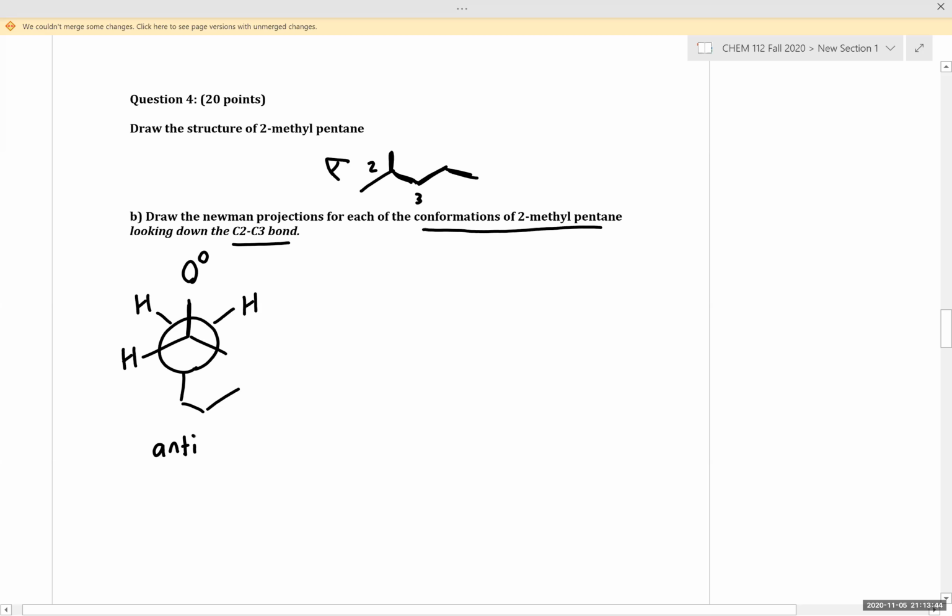I'm going to continue to rotate, and I'm just going to rotate the back carbon, and I'm going to draw each of the Newman projections after rotation. So I rotate my back carbon. Okay, that'll be our 60-degree structure.